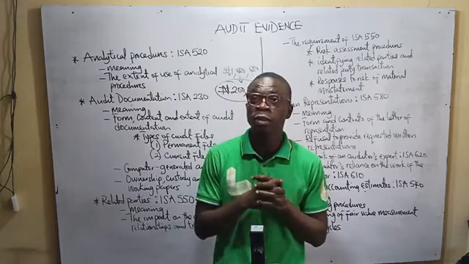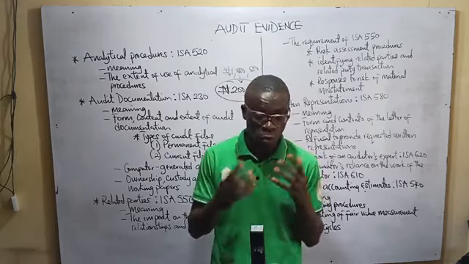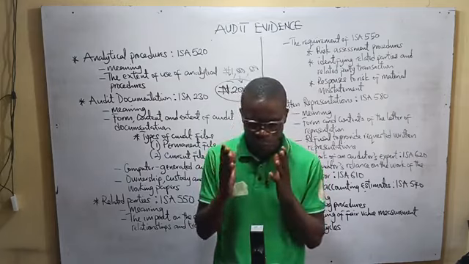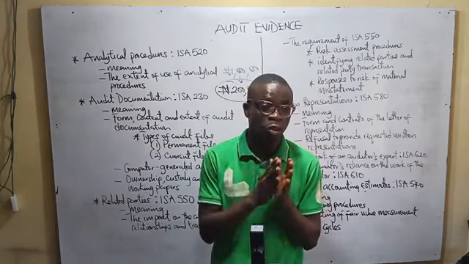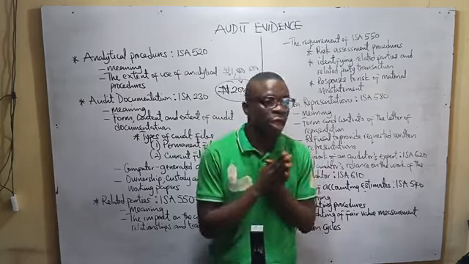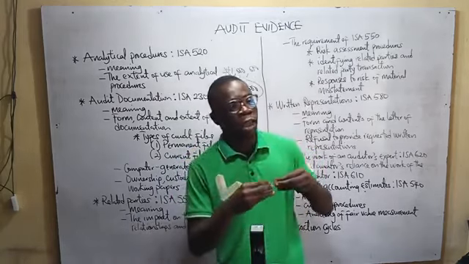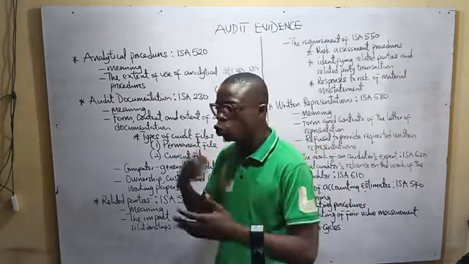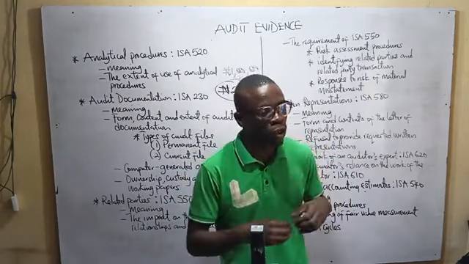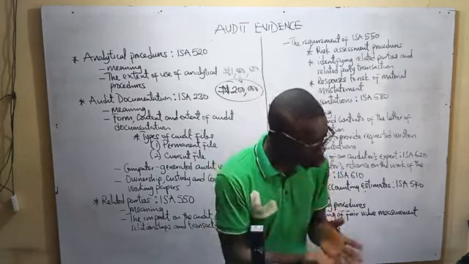Accounting has consistency. There's an accounting policy that talks about consistency. It says that if you have adopted a particular method, you should continue to use that method until the situation warrants you to change it.